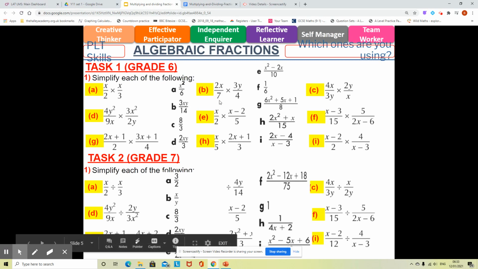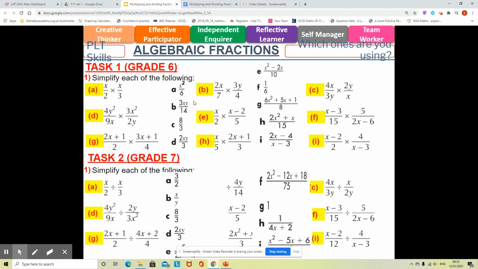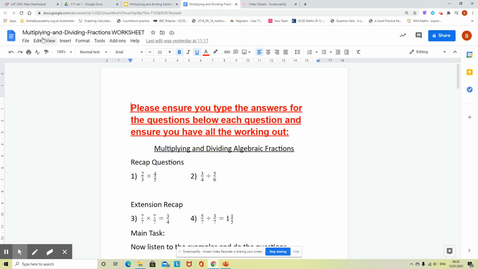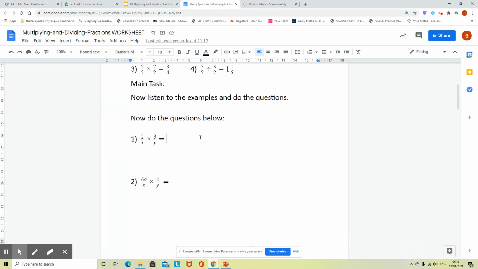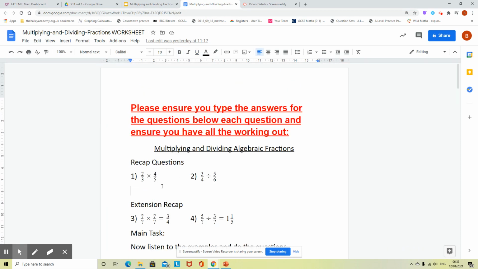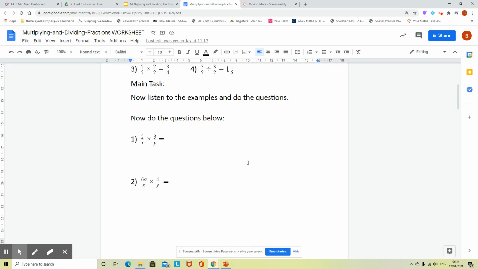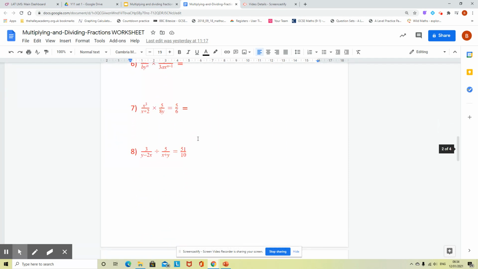Once you've attempted the questions provided in slide 5, please open the worksheet. It says multiplying and dividing fractions worksheet. It is important you type your answers next to each question or underneath each question, showing your working out clearly.